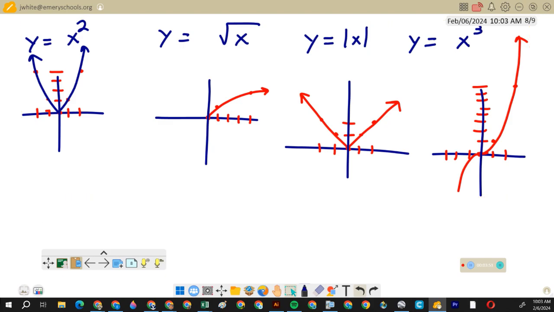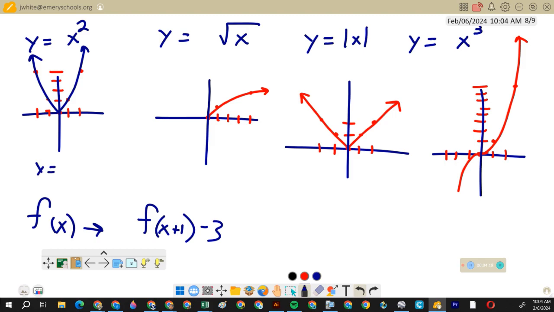All right. So what if I wanted to take f of x and I wanted to transform it into f of x plus 1 minus 3? Well, you can perform that transformation on every one of these parent functions.